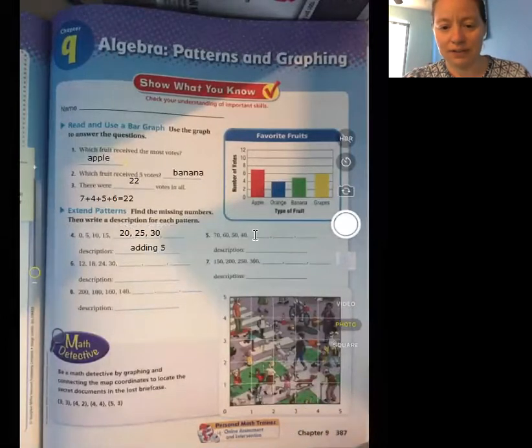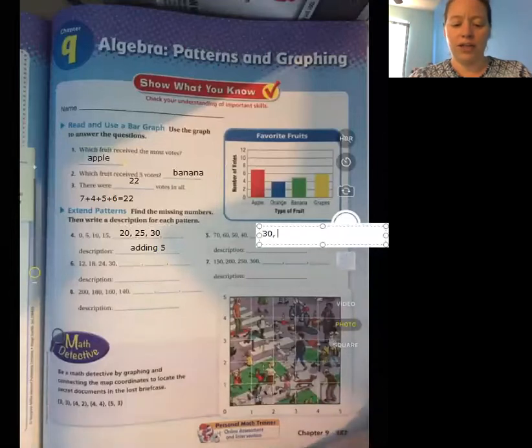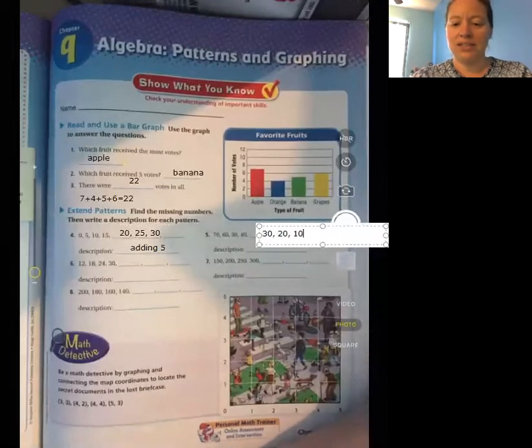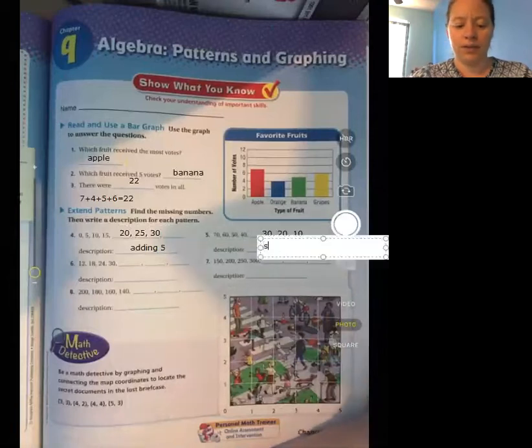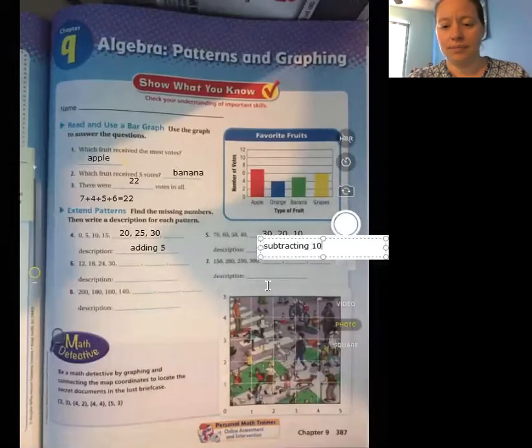Okay, number 5. 70, 60, 50, 40, 30, 20, 10. And every time we are subtracting 10.